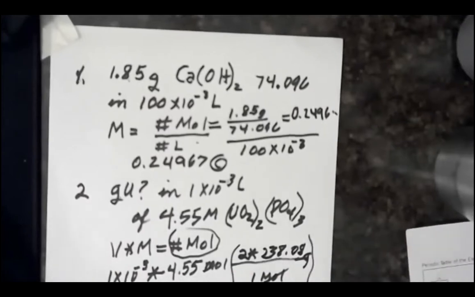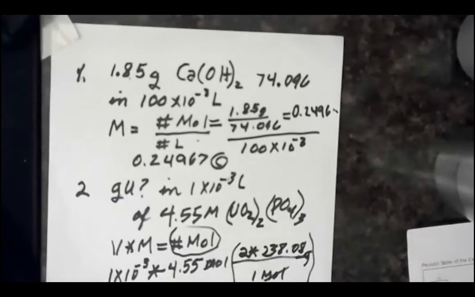The question was grams of uranium. So let's do that. We get 1 with an exponent of minus 3. I want to multiply that by 4.55. Then I want to multiply it by 2 and multiply it by 238.08 and divide by 1.